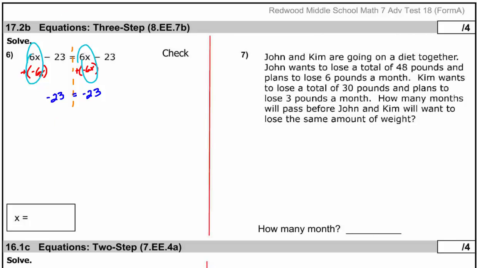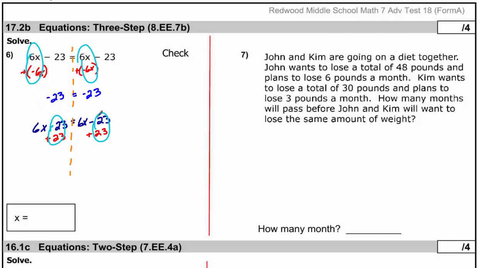Well, then you might have said, well, what if I did it differently? What if, instead of canceling the x's, I canceled the 23's? So let's go back to this. Now let's cancel the 23's. I'm going to add 23 to cancel that out. I'm going to add 23 to cancel that out. I'm still doing same thing both sides.